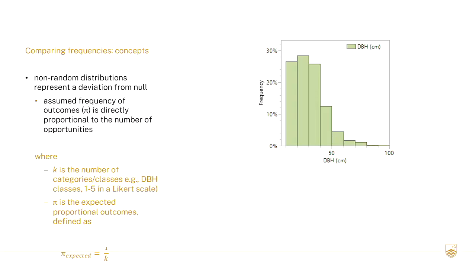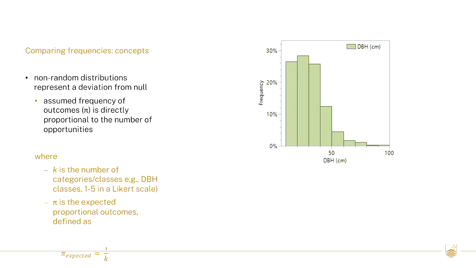And we can come up with an assumed diameter distribution or assumed distribution for our survey responses. And we refer to our assumed or our expected, assuming a random distribution, expected and our observed as pi here. And that's the way that we reflect on our distributions.